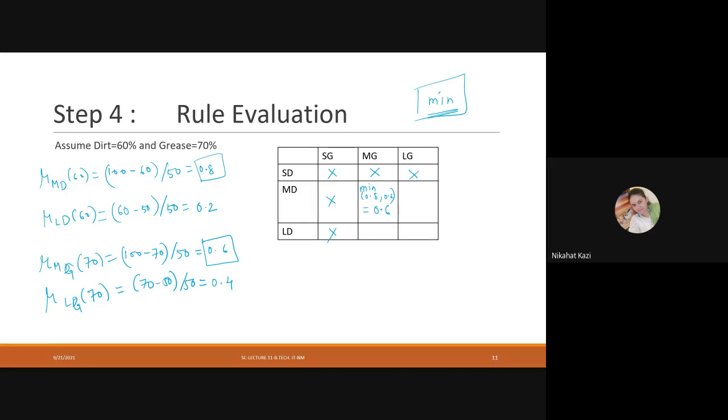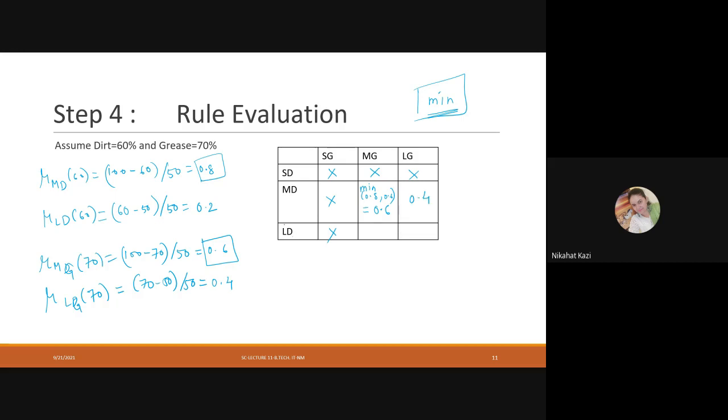So if the dirt is medium and the grease is large, second column, this block, then again minimum of these two. So dirt is medium and grease is large. So 0.8 and 0.4. What is the minimum? 0.4.